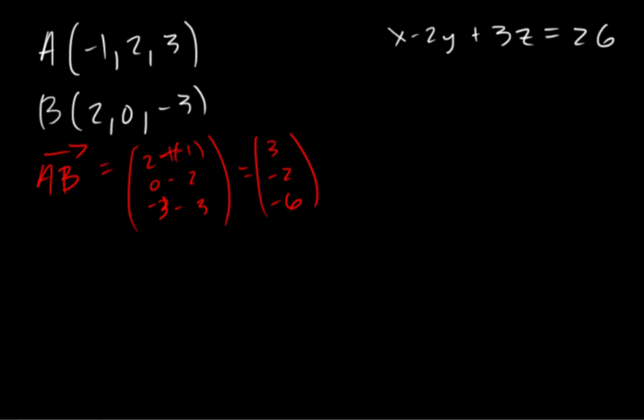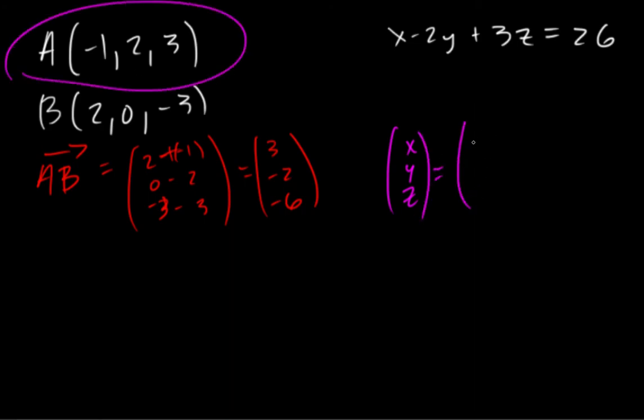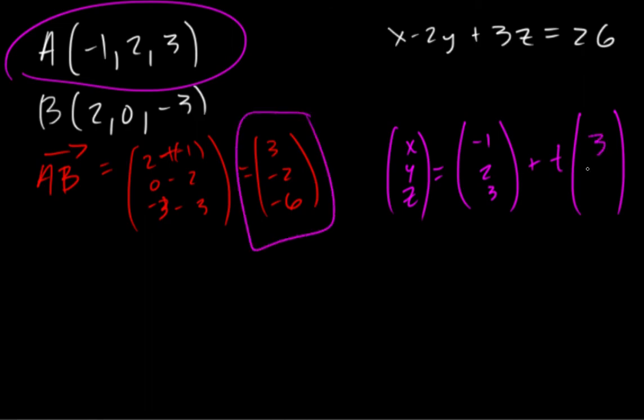And then if we put this into vector form, so if we go x, y, z, and I'm going to use point A, so negative 1, 2, 3, and then this would be our direction vector.